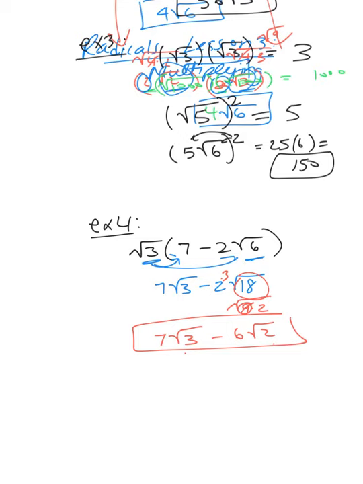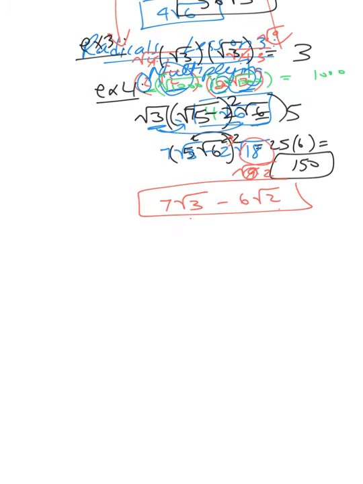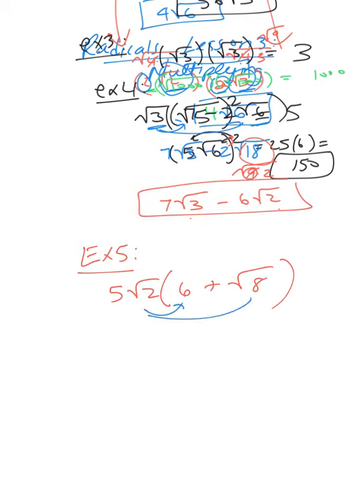And then our last example for today will be similar to this, example 5. 5 radical 2 times 6 plus the square root of 8. So you could try to pause me now and try this one on your own. I'm going to distribute.